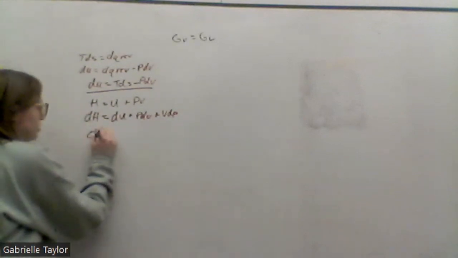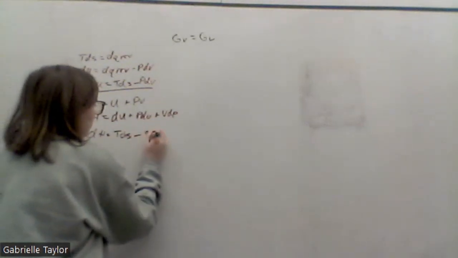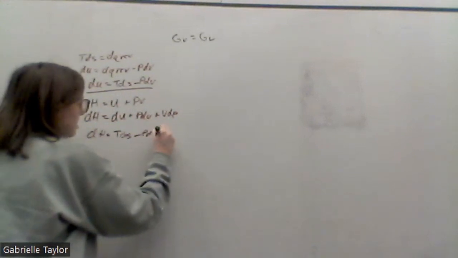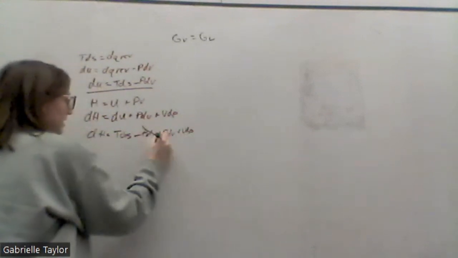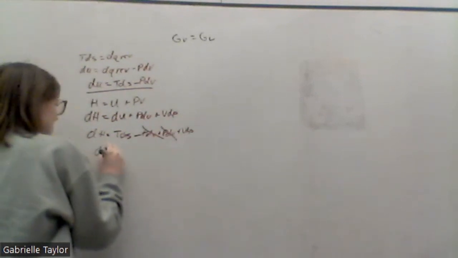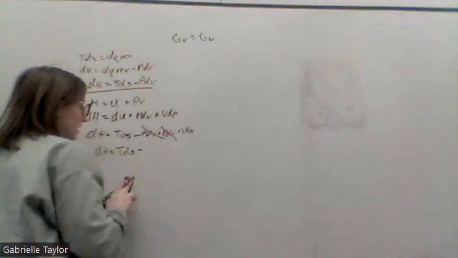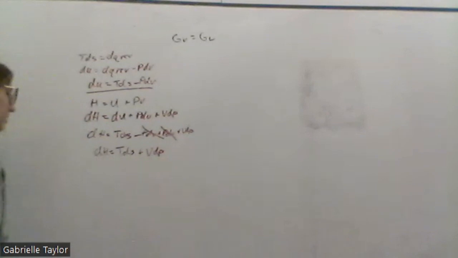Now that we know our dU, we can plug it in for dU. So dH equals T dS minus P dV plus P dV plus V dP. Cancel, cancel. So now you get dH equals T dS plus V dP. Okay. So now we know that.